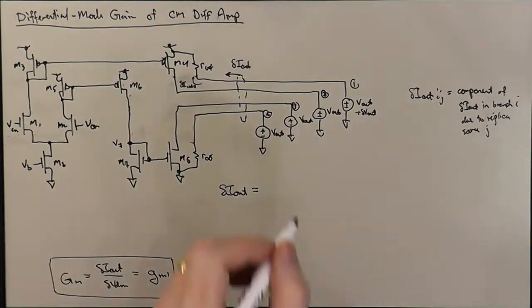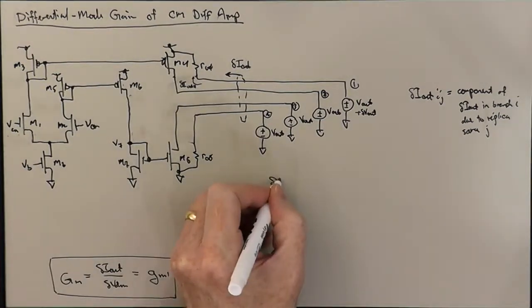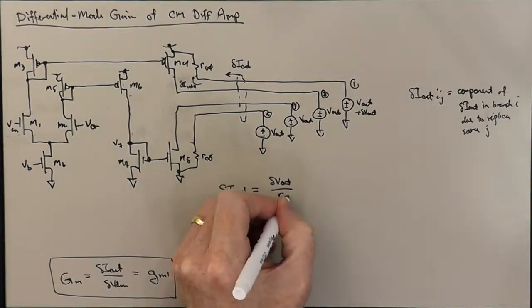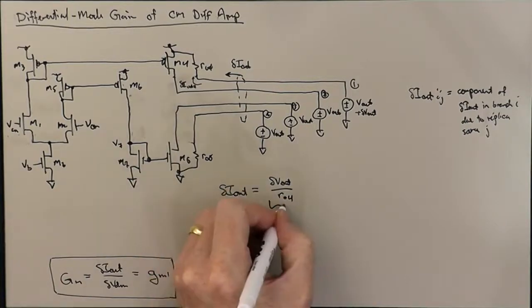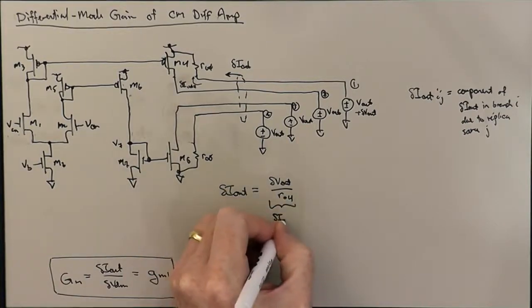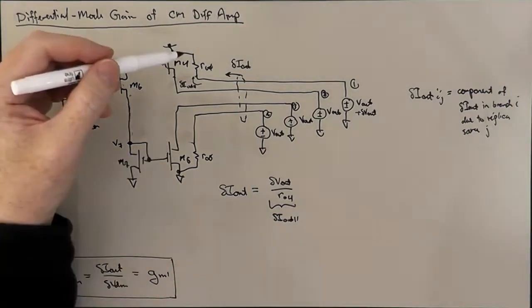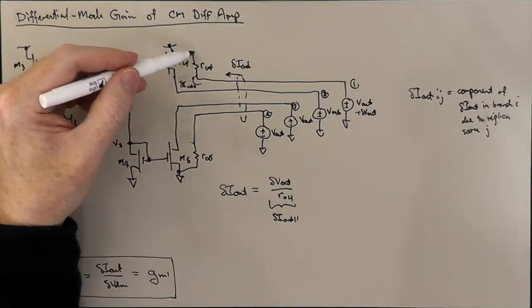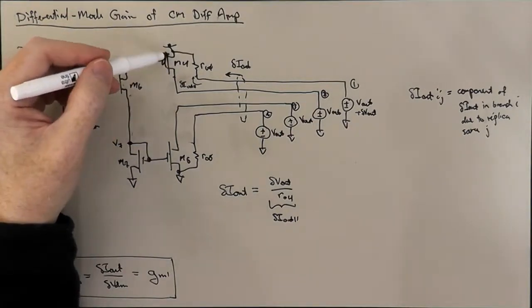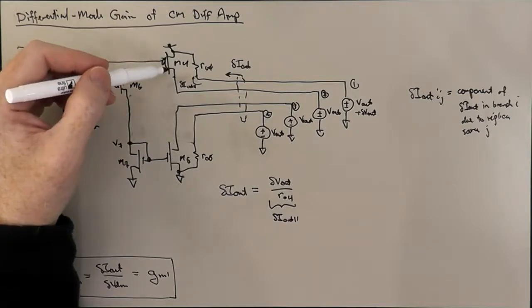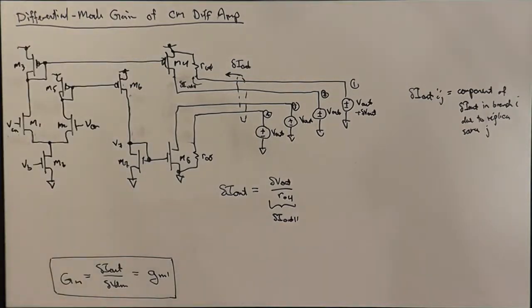And we can write that down as delta V out over RO4 just by Ohm's law, or incremental Ohm's law. Now that current, when it flows out the other side of this resistor, just goes to the power supply, and it doesn't change the voltage on the source of M4 at all, so it doesn't change the amount of current flowing in M4.